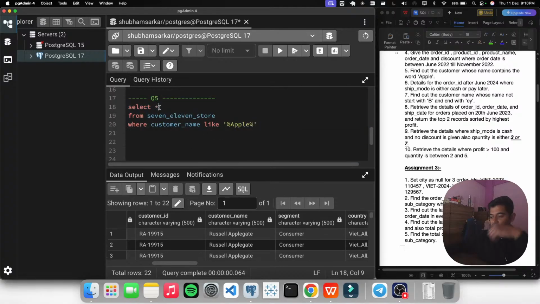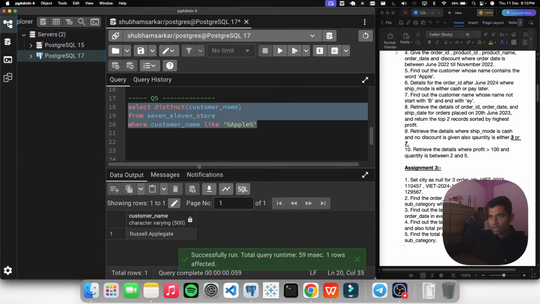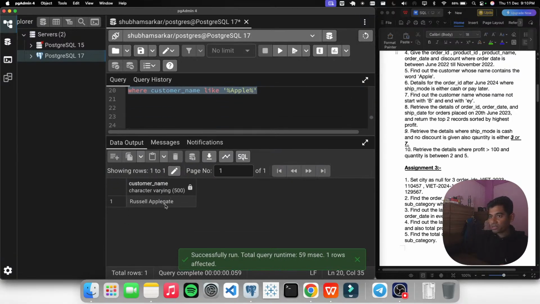Okay, right now what I will do, I just want the distinct of customer name here. So if I do distinct of customer name, I get only one customer name where this word which I have to find out is present.